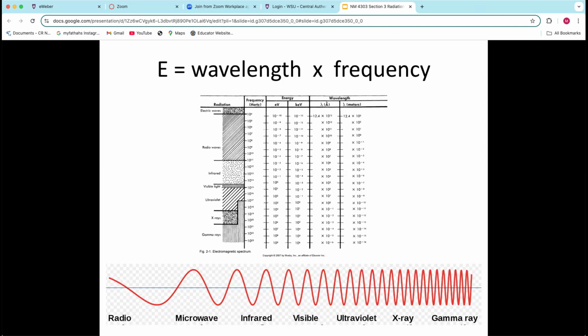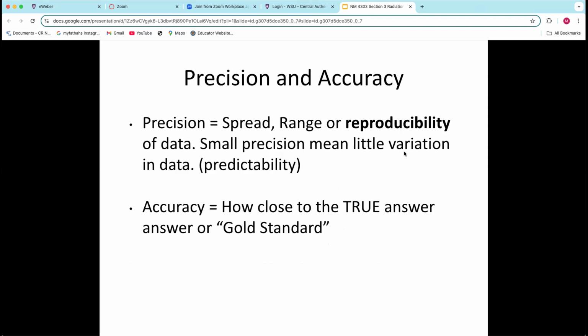Okay. So let's get into some principles here. The first thing I want to talk about is precision versus accuracy. Precision is the spread or the range of reproducibility of data. When we have small spread, it means there's little variation in whatever data we're looking at, and that equals predictability.